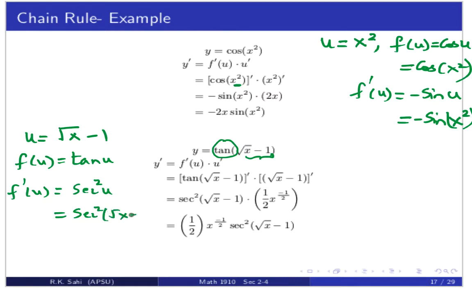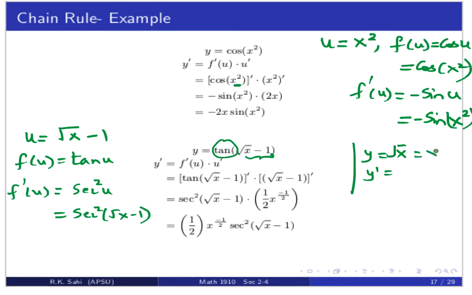which is secant squared of square root x minus 1. So once you keep practicing, you'll be able to see why you just take the derivative of tangent of square root x minus 1 and then the derivative of the inside. So it is secant squared of square root x minus 1 times the derivative of square root x minus 1. So hopefully you already know the derivative of square root of x.